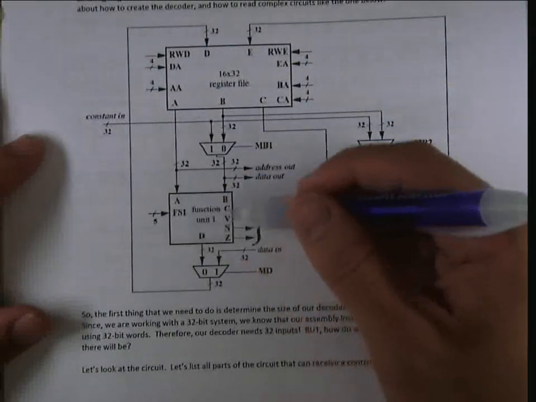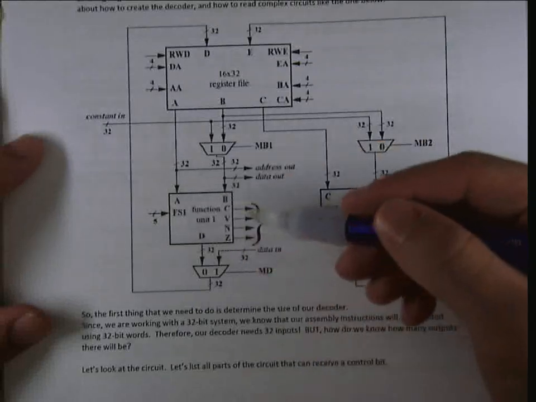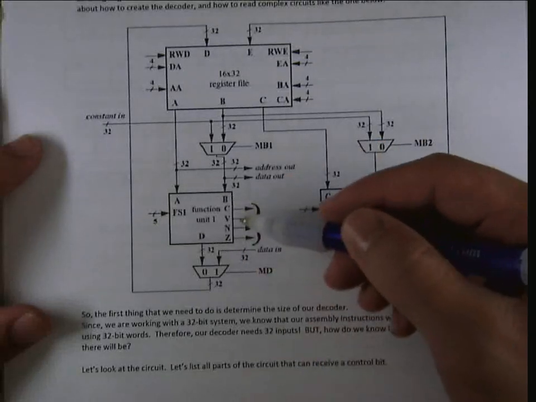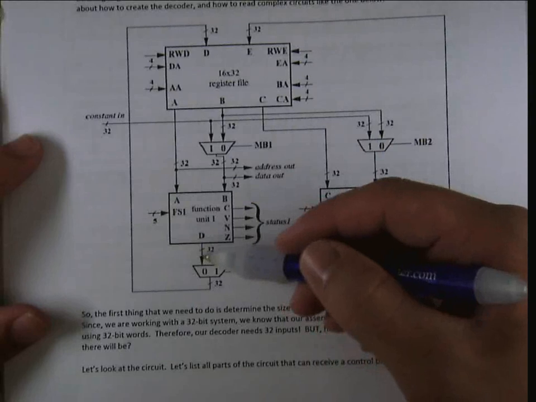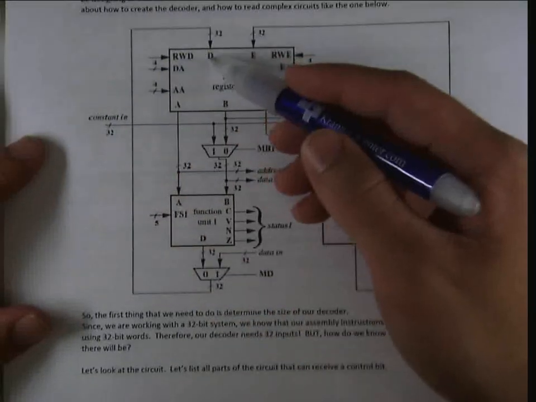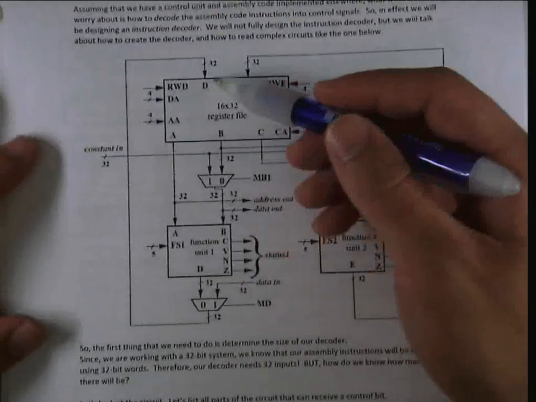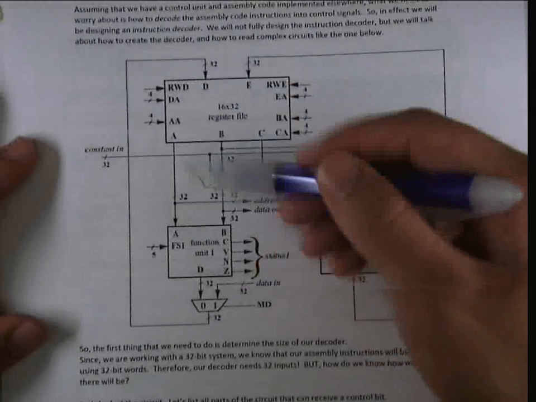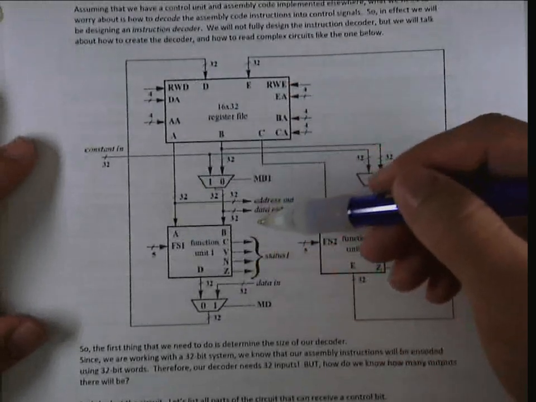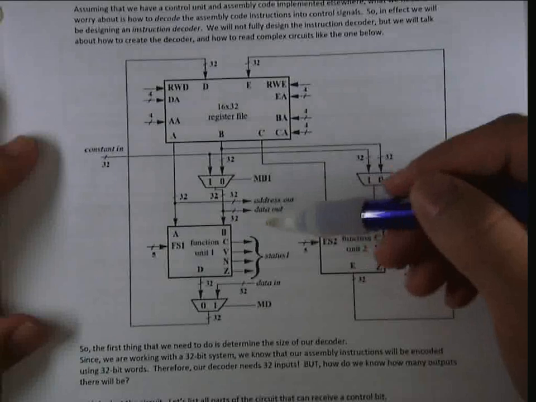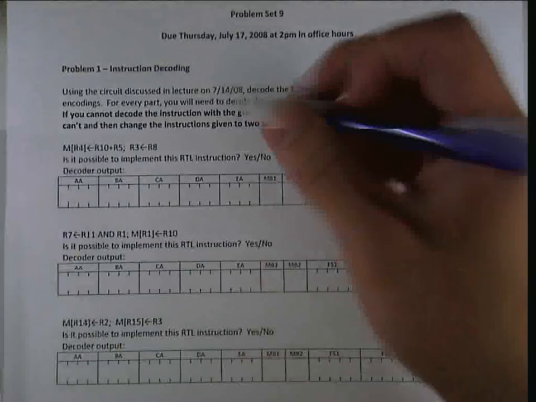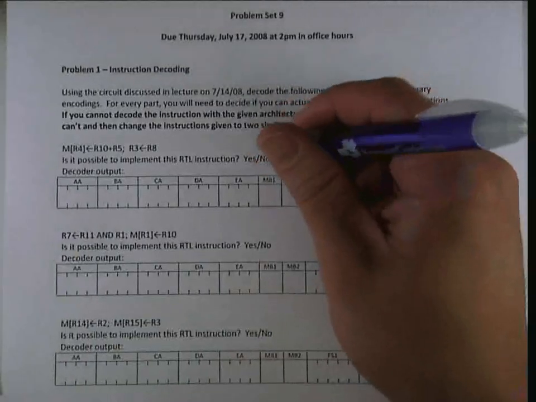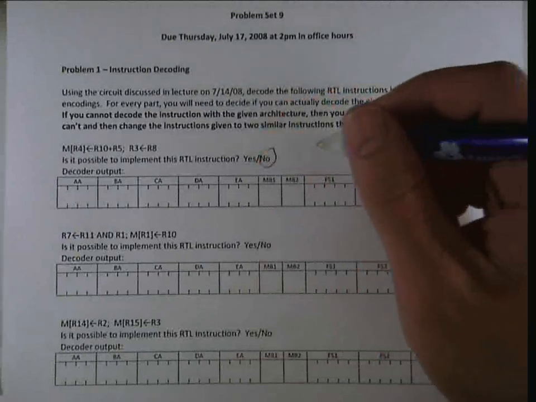We look down here, this is where the functions happen. This is where all the magic and all the addition happens. And this output here would have to come all the way back through the clock register file, wait for a whole other clock cycle, and then we'd have to call another set of registers to get this to the data out. That's not going to work.